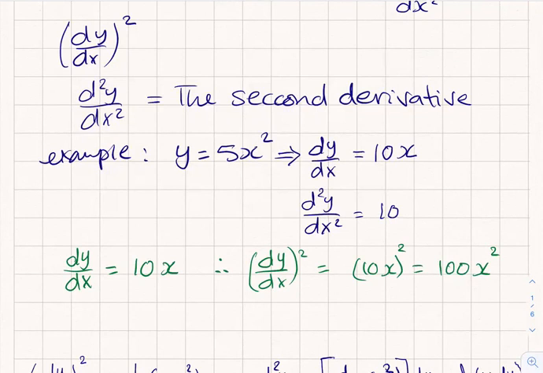So it's 100x squared. You can see the difference in the answer. This one is only 10, while the other one is 100x squared. It's a big difference between them, so please don't mix between them.